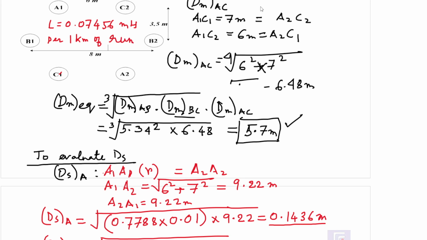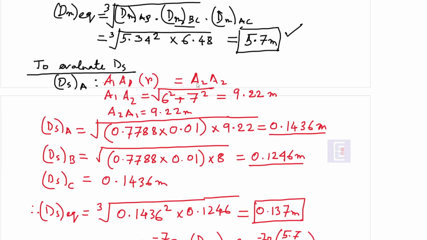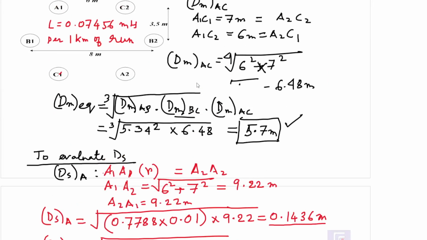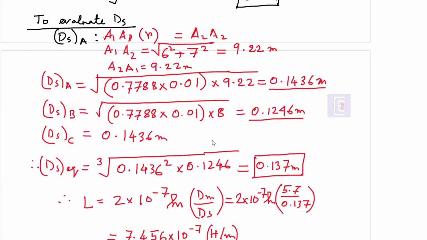As you can see, this is a three-phase double circuit line. We have evaluated the inductance value without any complex derivation. This is the advantage of the GMD GMR method.